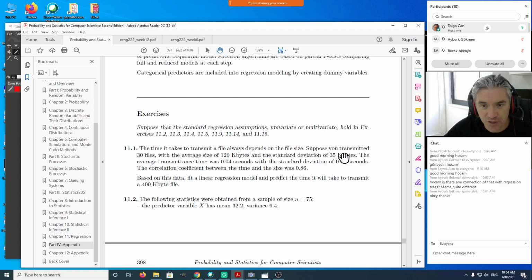Now in this question, we are not given the data directly, but we are given some additional information. Suppose you transmitted 30 files. So I know that my sample size is 30, n is equal to 30. I'm probably not going to be using this information in the question, but it's telling us that I collect these statistics from a sample of size 30 with the average size of 126 and standard deviation of 35 kilobytes.